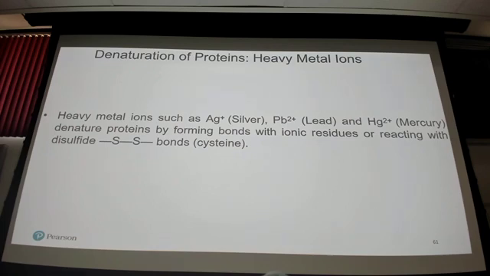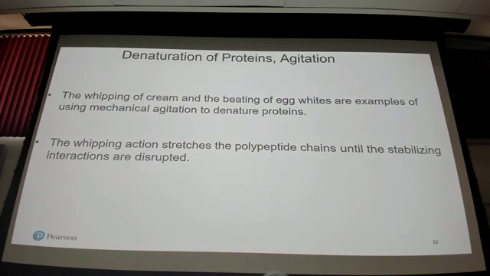And then, if we whip an egg, like mix it up to make scrambled eggs, that's disrupting the hydrogen interactions. Also, if we make a lemon meringue pie, the meringue is made out of egg whites.